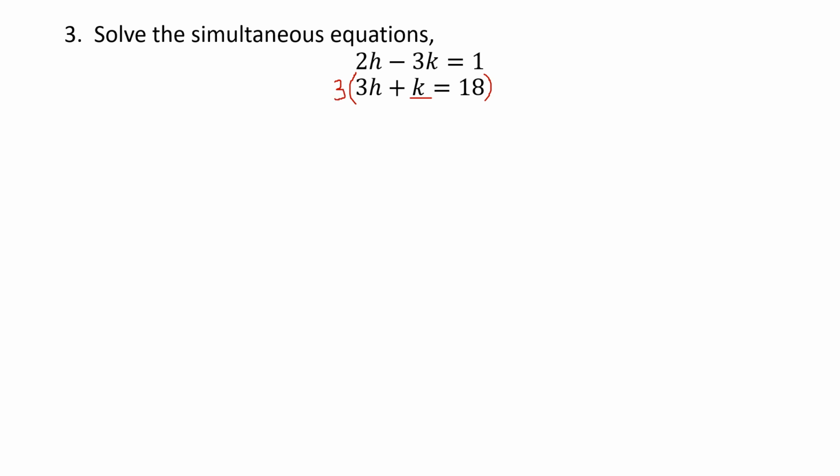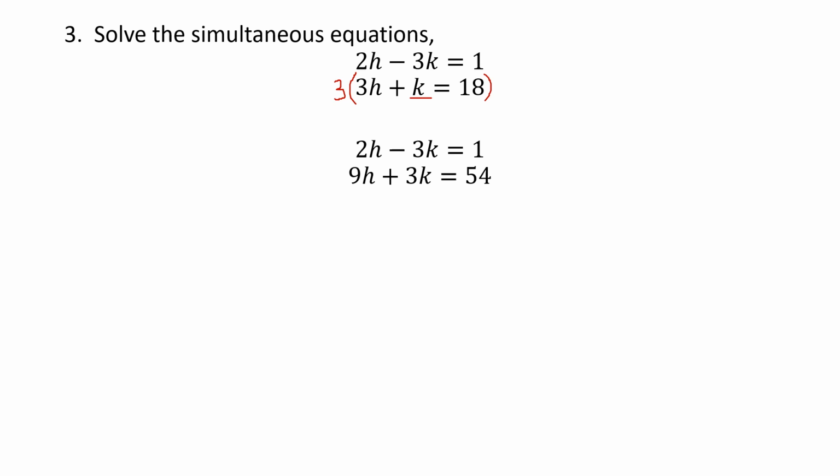We are going to rewrite equation 1 as it is, because the coefficient of k there is already 3. Then we are multiplying equation 2 by 3. So 3 by 3h, 9h, 3 by k, 3k, 3 by 18, 54.